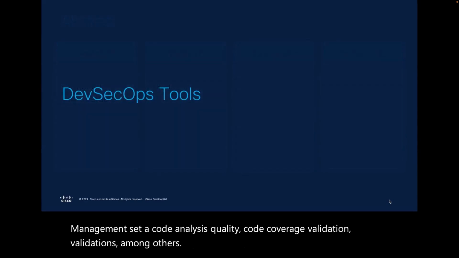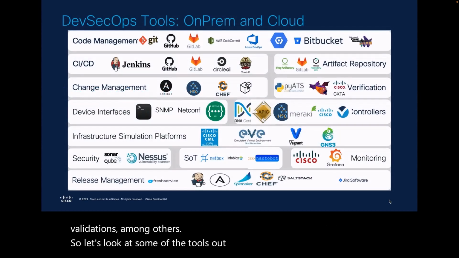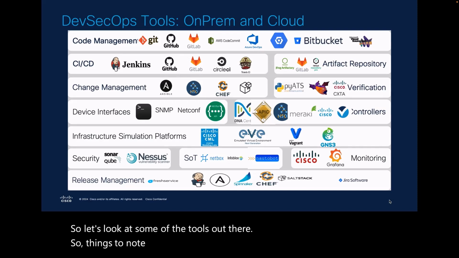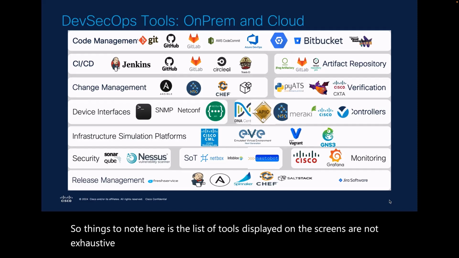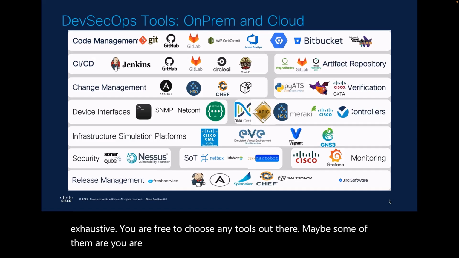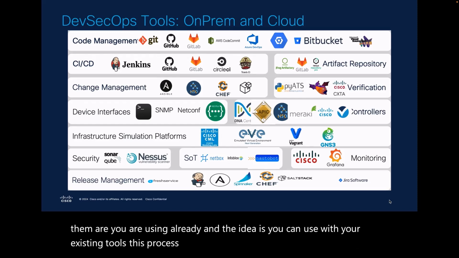So let's look at some of the tools out there. Things to note here: the list of tools displayed on the screen is not exhaustive. You are free to choose any tools out there. Maybe some of them you are using already, and the idea is you can use them with your existing tools. This process is tool agnostic, but we need to learn about how to manage our code.